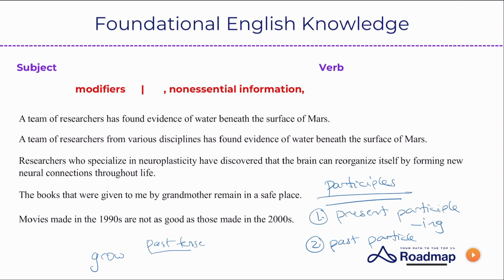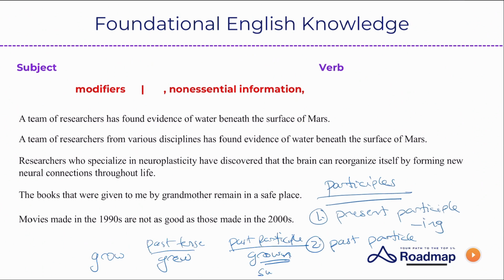Grown, right? So we have grow, grew, grown. Grown is your past participle. What if I have the verb sing? We have sang as the past tense, right? So sing, sang, and then the past participle is sung, right? So sing, sang, sung. That's the past participle form, you guys. Again, there are no grammar rules that I can teach you here. You just have to be able to identify it and recognize it is all.